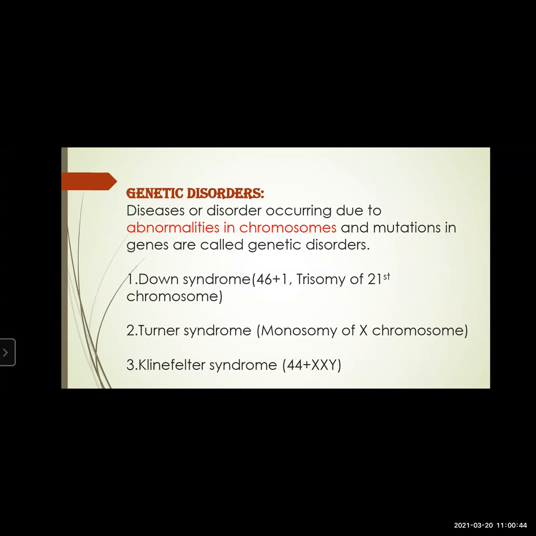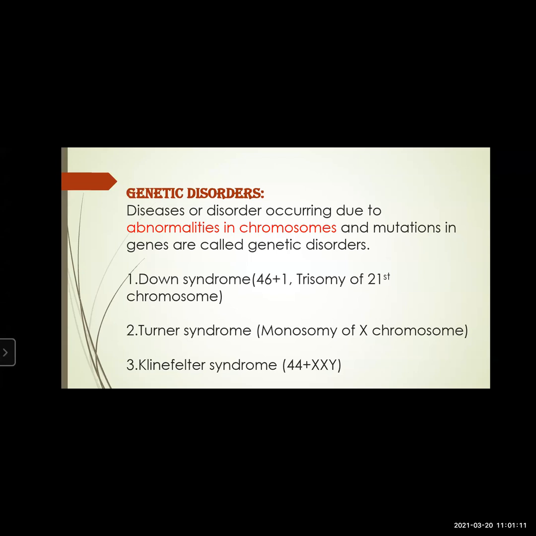So here you can see monosomy of the X chromosome in Turner syndrome. Most of the time we know that there are 22 pairs of autosomes and one pair of sex chromosomes, right? It can be either male sex, that is the XY chromosome, or it can be female sex, that is the XX chromosome. So it should be either 44 plus XX or 44 plus XY.